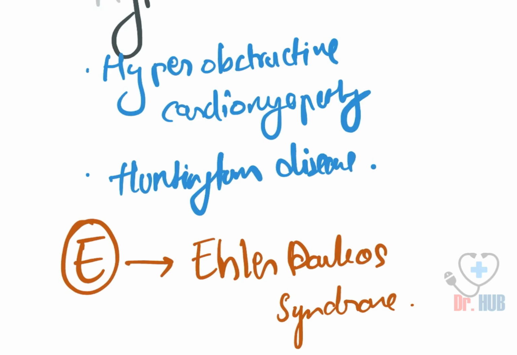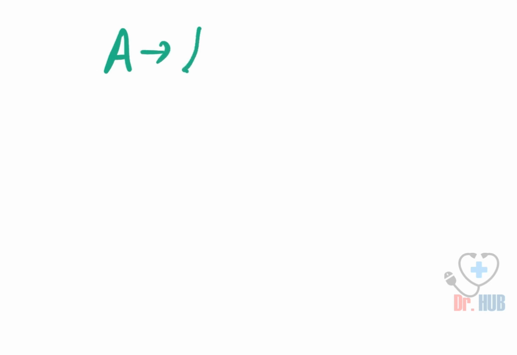Moving ahead, under autosomal dominant, we have A. So the mnemonic here is heavy dominant. So we look at A. A for achondroplasia.